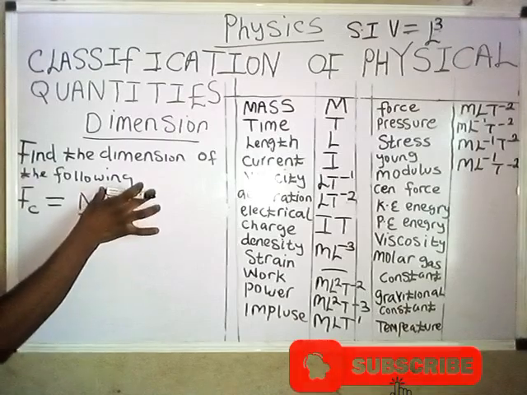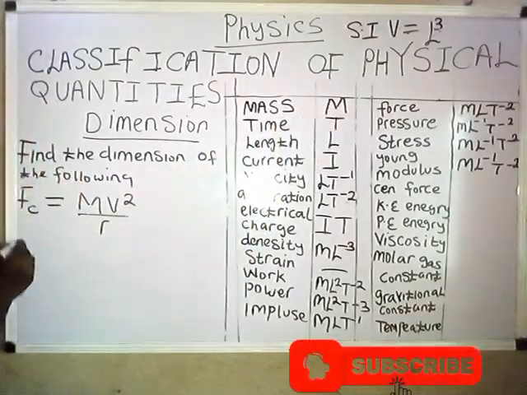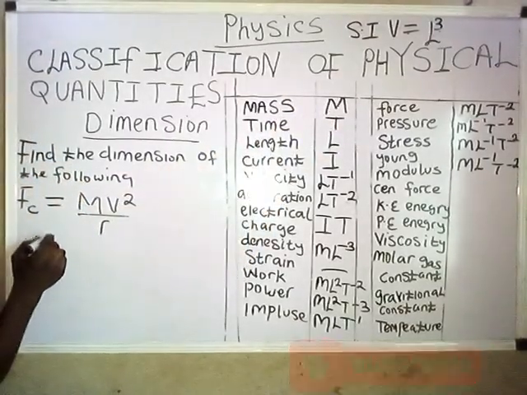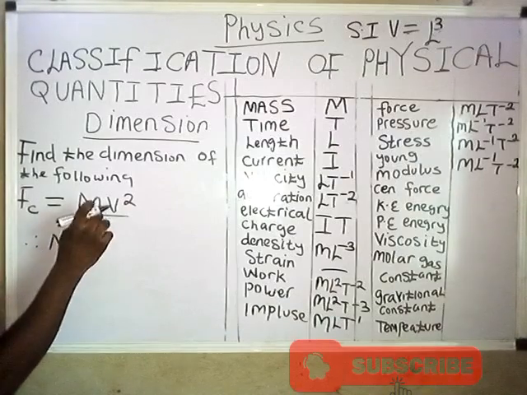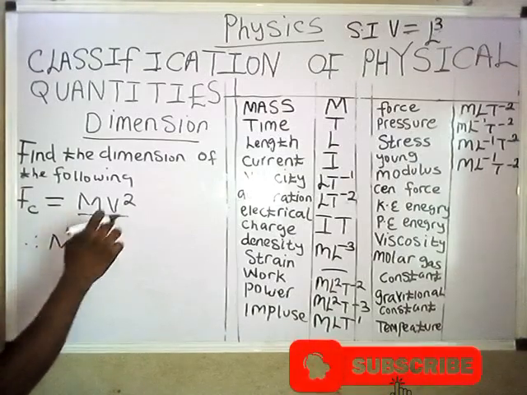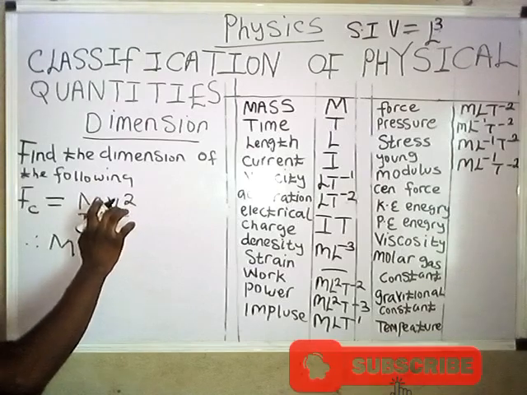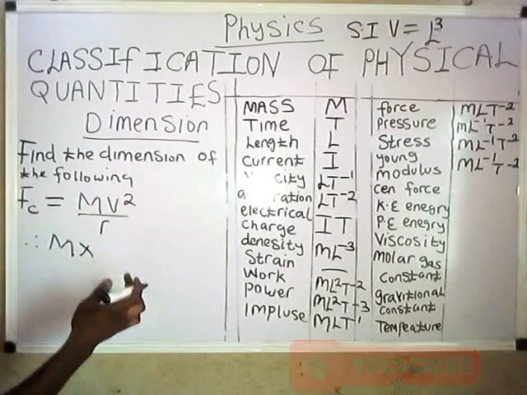Dimension for mass is m, therefore m, multiplied by the dimension for velocity I gave you earlier, which is L t to the power minus 1.